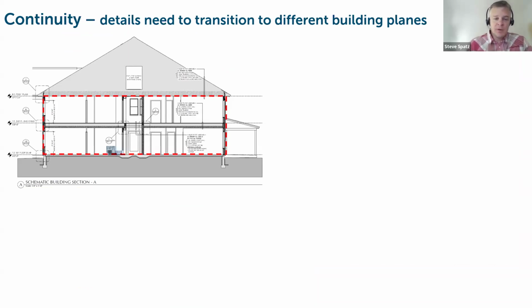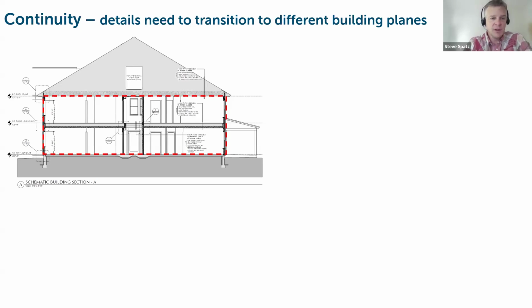Continuity. It is simple on paper to define where your control layers need to be in a simple building. As you are defining those control layers, you also should be able to look at section views of the building that you're putting together, and see where you can create a continuous line to define those layers around the entire building perimeter.